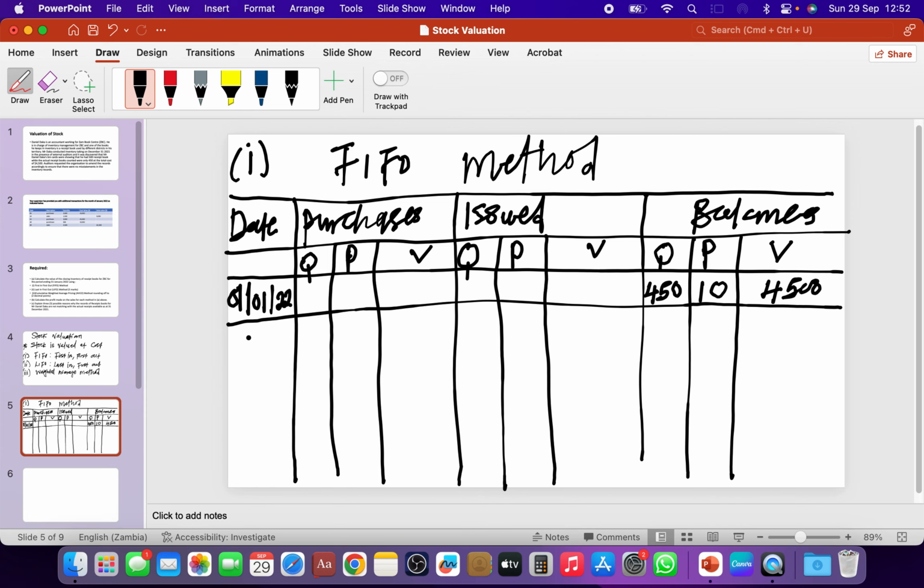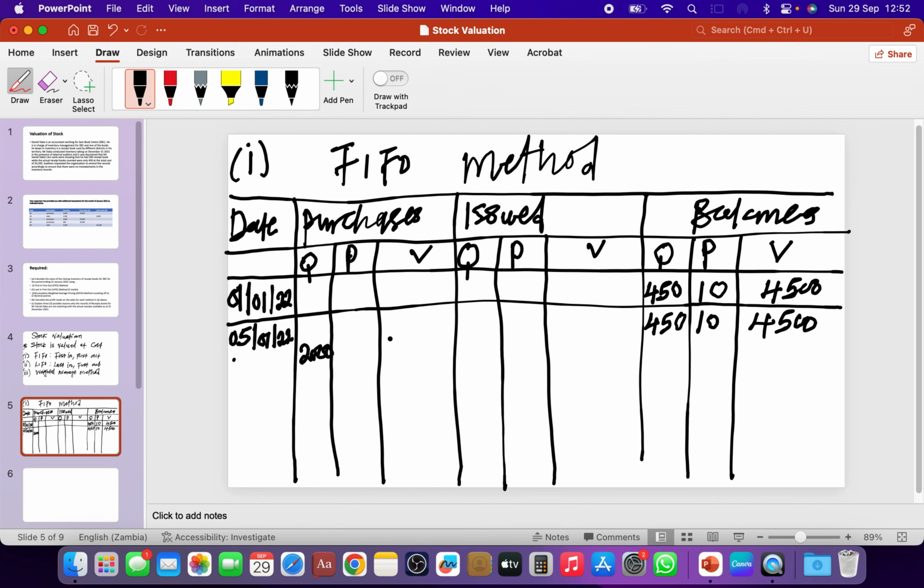So on the 5th of January 2022, we drop down this one as our opening balance, which is 450, with its price, and the value is 4,500. On this same day, we purchased 2,000 units.